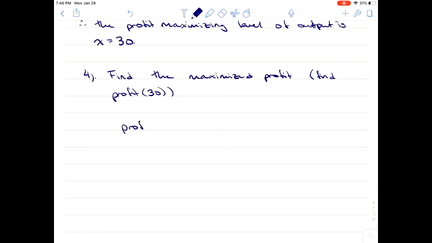So remember our original profit function, profit of x was 60x minus x squared, I think, right?